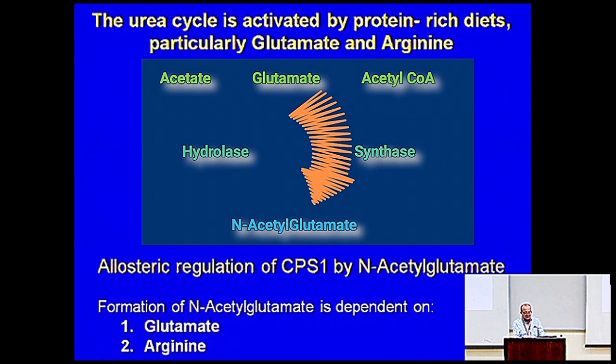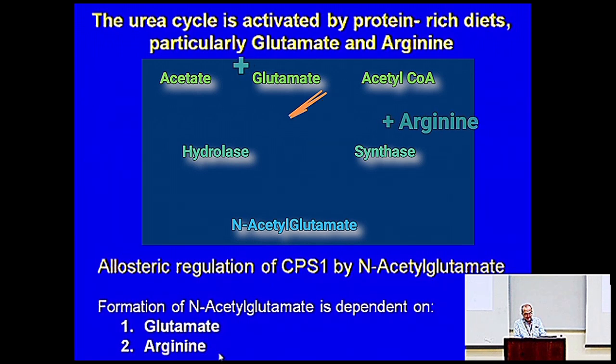So N-acetylglutamate, here's the synthase again. It's actually activated by two things. The formation of this is activated by arginine and or glutamate. Glutamate is the substrate. Arginine can activate this enzyme that makes N-acetylglutamate.